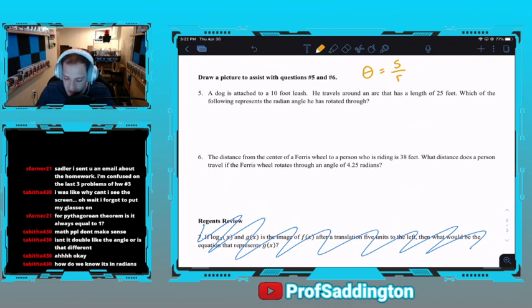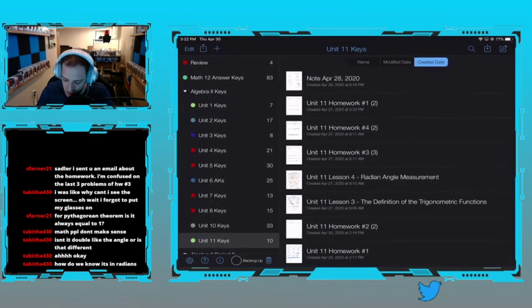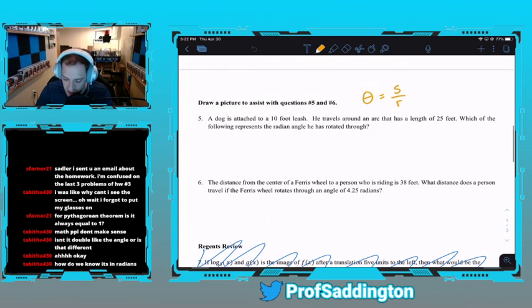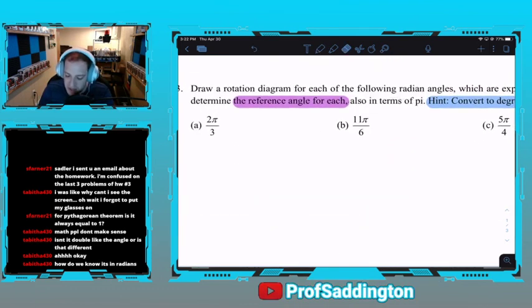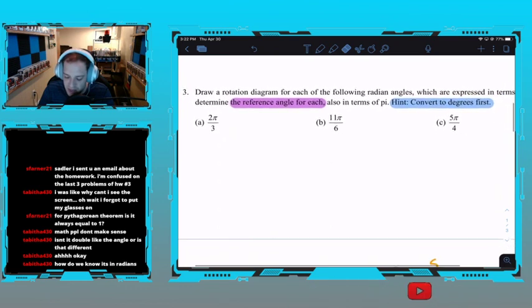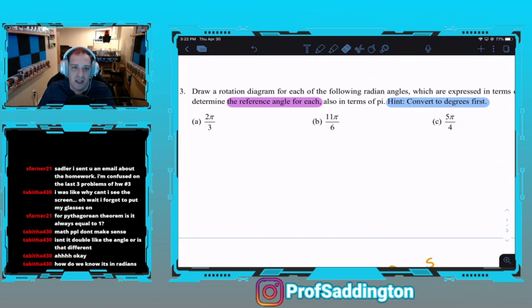The only other thing, and the iPad froze again. The only other thing was on question number 4. Tabitha pointed it out to me earlier. I'll point it out to you guys as well. Is it working again? So on question number 4, I crossed it off. I didn't realize I had it in this question. They wanted you to convert it into degrees and then convert it back into radians.